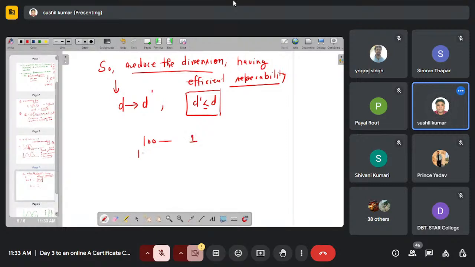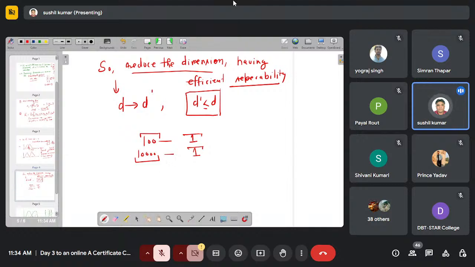If you have 10,000 dimensions, you can project onto one dimension. We use principal component analysis to reduce the dimension.